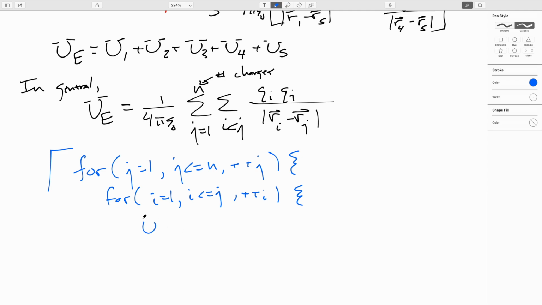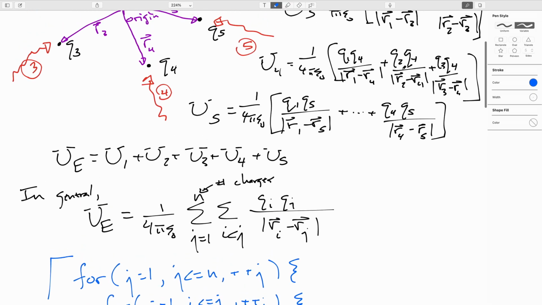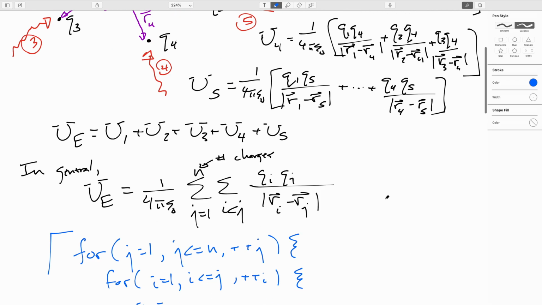And then you would say u plus equals the stuff, and then close your braces. Yes, I know you should initialize it, but I'm just trying to give some sense of what it's like. It's like a nested for loop, if you've seen that before. If you haven't had any computer programming, don't worry. Just work through this until you match this example, and then it'll make some sense.